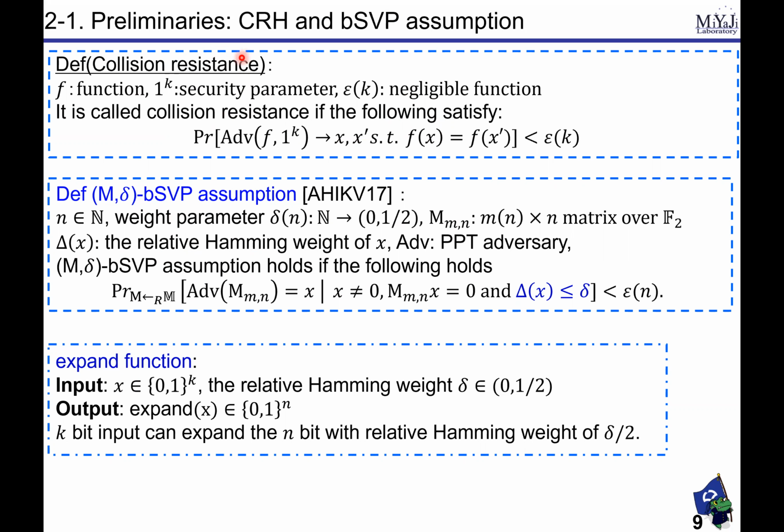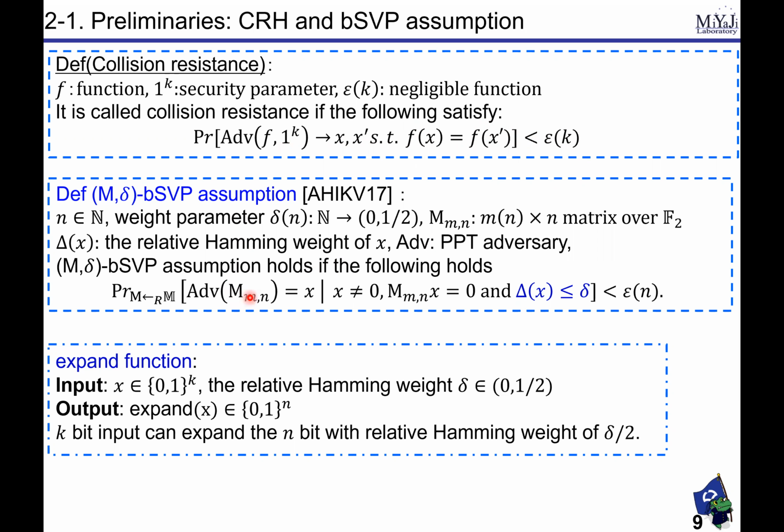So what is collision resistance? Given an adversary, if the probability that the adversary outputs X and X prime, which satisfy F(x) equal to F(x prime), is negligible, then the function satisfies collision resistance. Next, the M delta bSVP assumption.